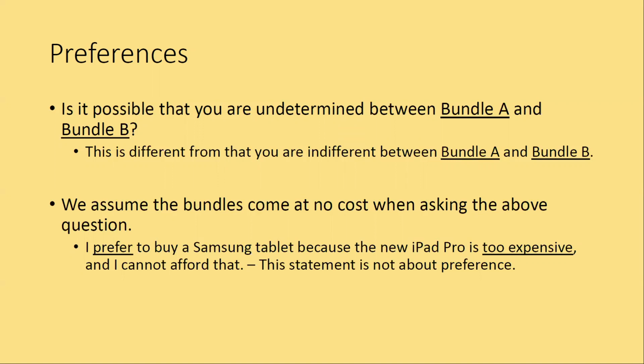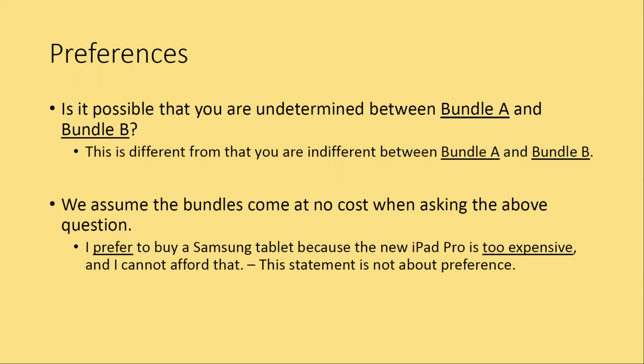So this is a possible answer, but it is not a very interesting case, right? Because if the consumer does not know what she likes, then what's the point of finding a best choice for her when even she does not know what she likes to have? So later on, we will have some assumptions that rule out this kind of possibility.